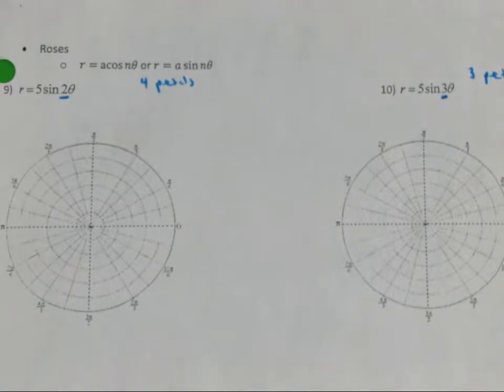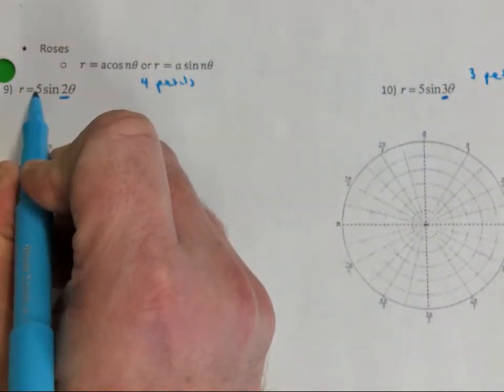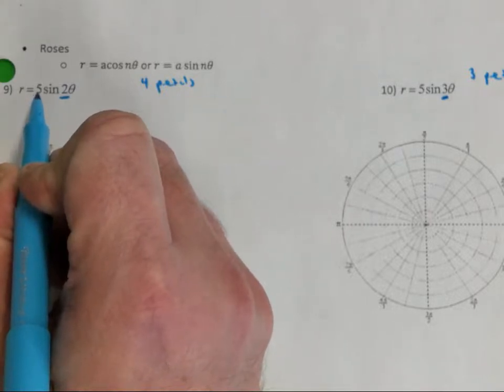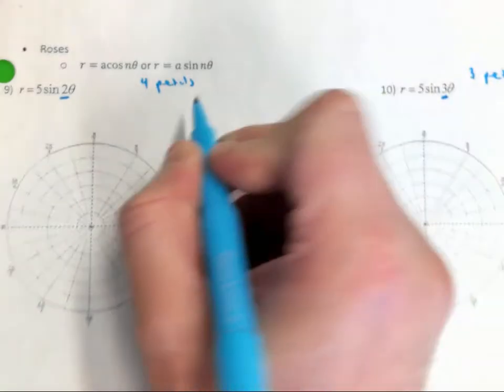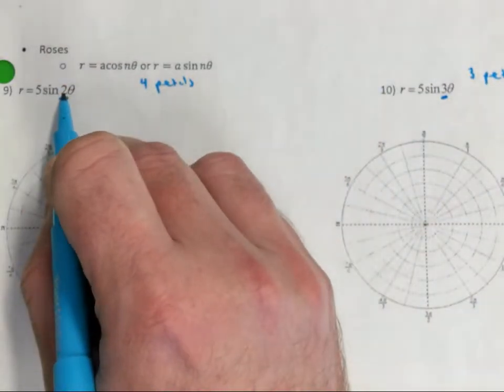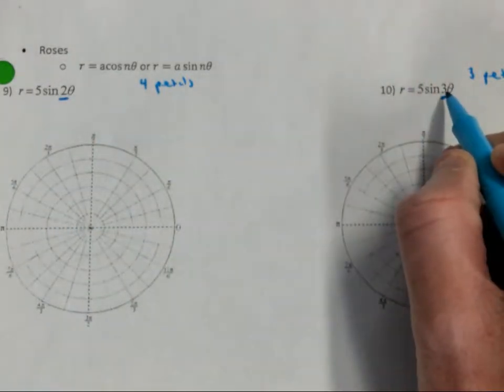You okay? Good. Now, this number right here is your A value. That tells you how far your petals are going out to what ring. Now, you have to set up an equation to figure this out. If you're going to have an even number here, you're going to have 2 equations. If it's odd, you're going to have 1 equation.